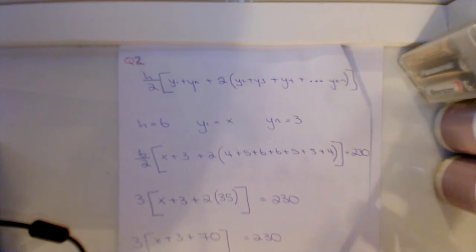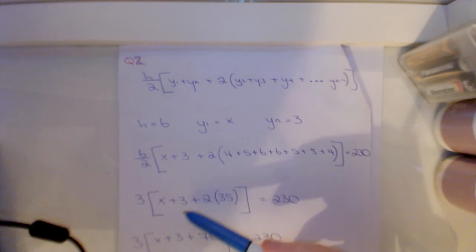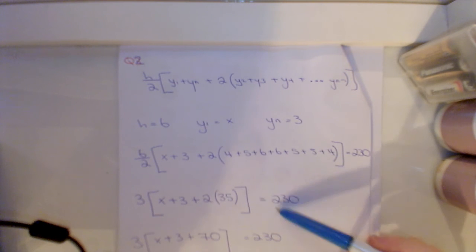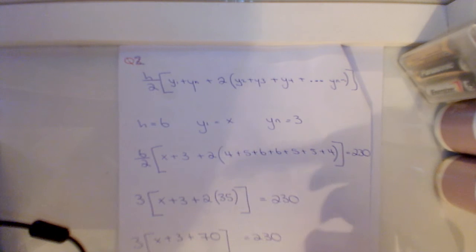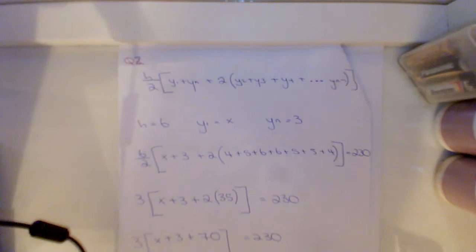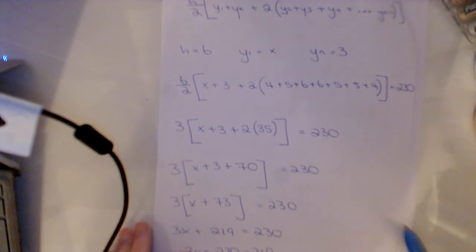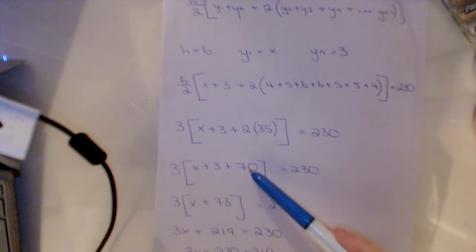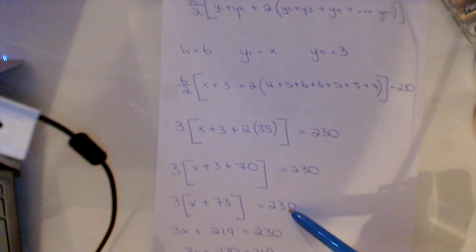So now I have 3 bracket x plus 3 plus 2 times 35, which is equal to 230. So I'll have 3 bracket x plus 3 plus 70, which is equal to 230. Then I'll have 3 bracket x plus 73, and that's equal to 230.